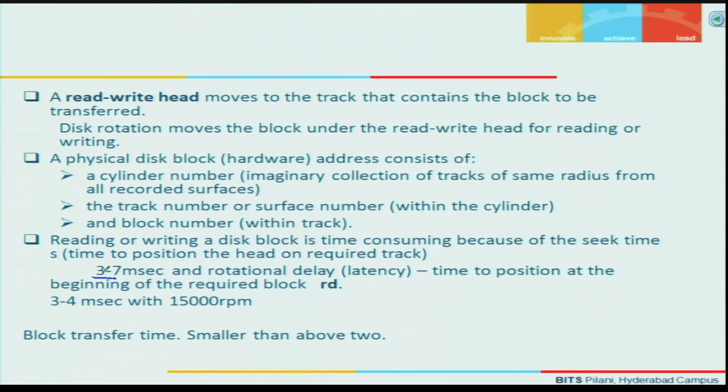The rotation delay, the time to position the read write head at the beginning of the block, will be 3 to 4 milliseconds for a hard disk which rotates at a speed of 15,000 RPM. And normally the third component, the block transfer time, is always smaller than the above two components.